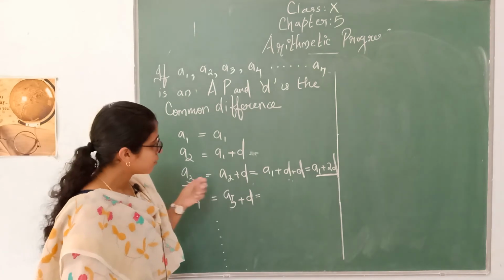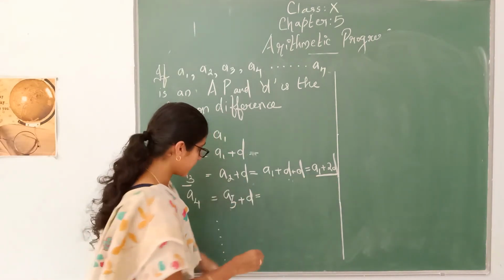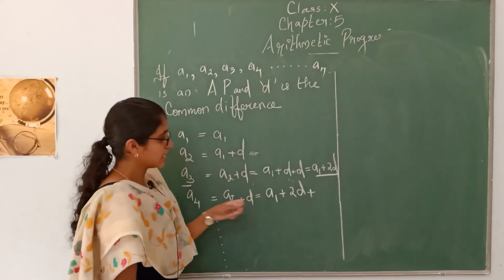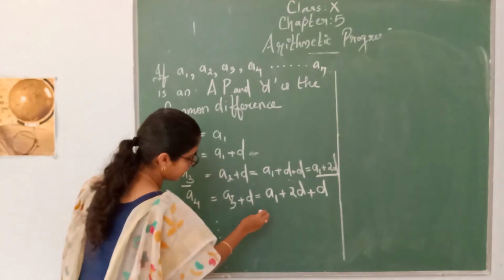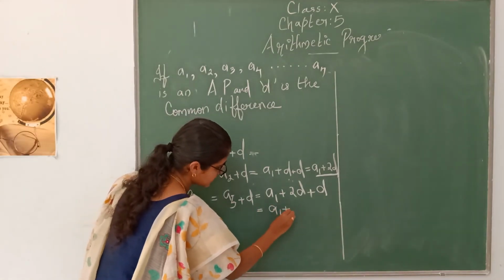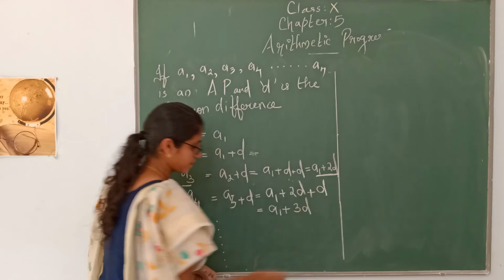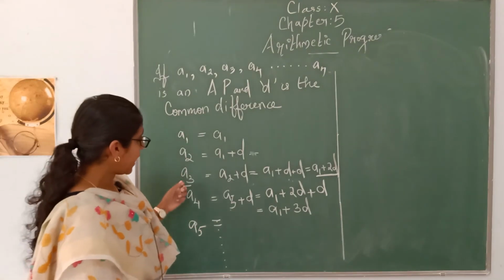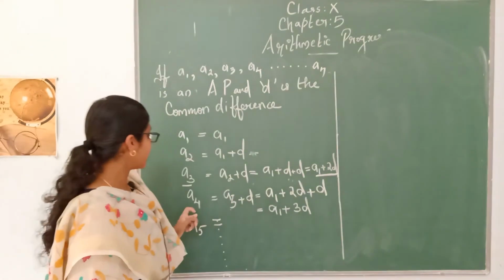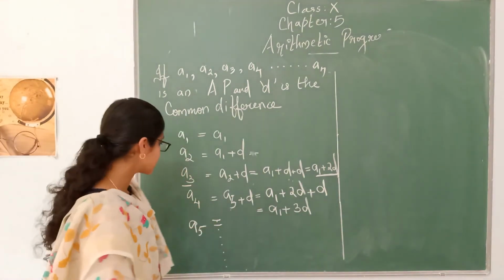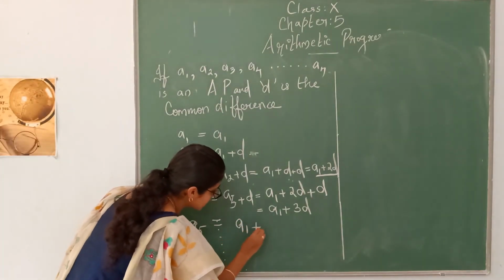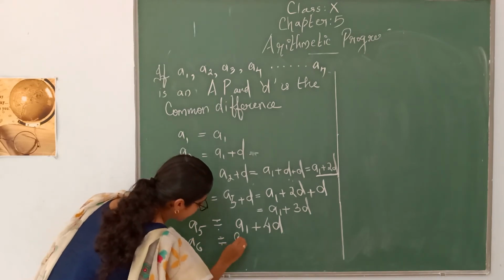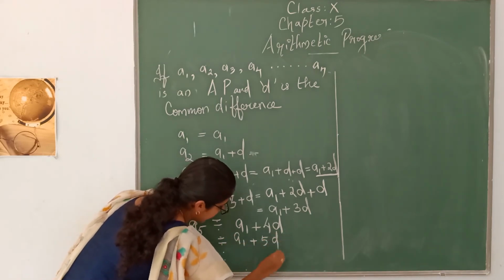Instead of a3, we can write a1 plus 2d, so it becomes a1 plus 2d plus d, which is a1 plus 3d. Likewise, a5 is a1 plus 4d and a6 is equal to a1 plus 5d, etc.